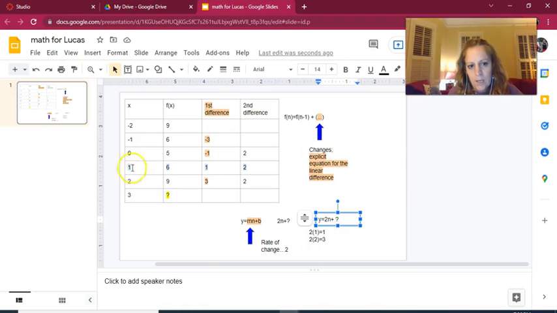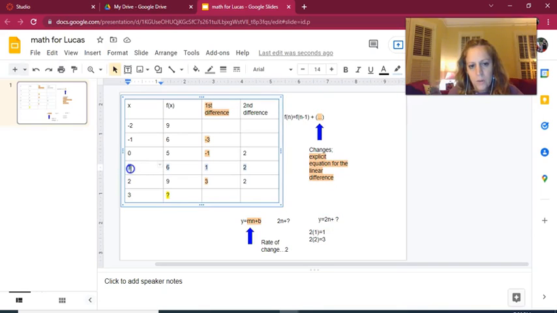So when I plug in my x values over here, if I put 2 times 1, I get 2. I don't get 1. If I put 2 times 2, I get 4, not 3. How do I get to 1 and 3? I do 2 times 1 minus 1 gives me 1. 2 times 2 minus 1 gives me 3.